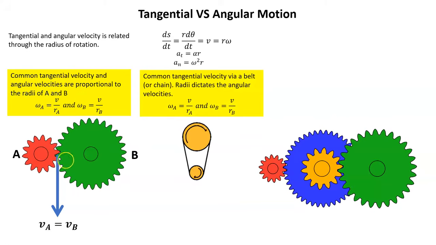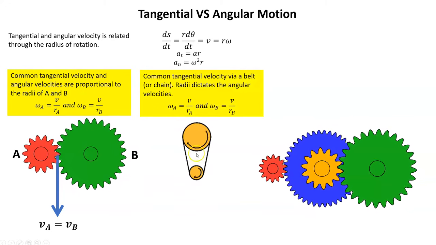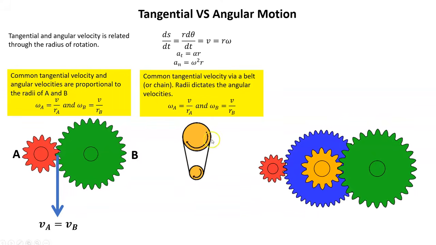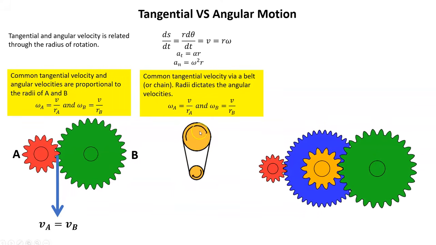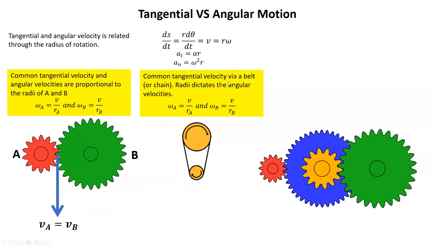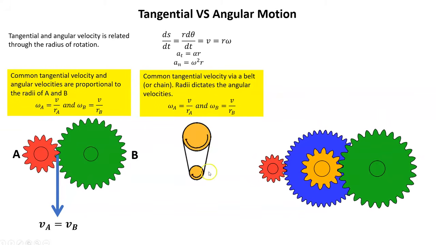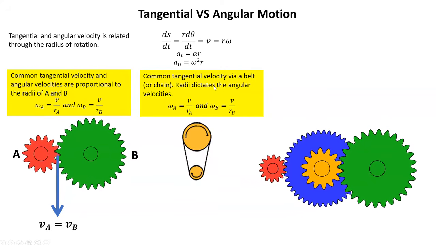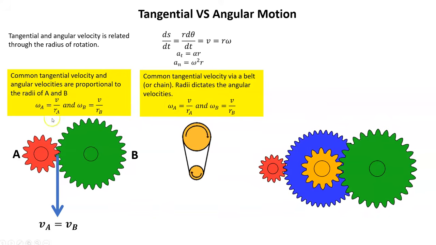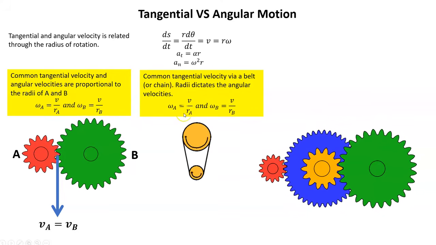Now, this could be two pulleys with a belt, or two sprockets with a chain. What you have here is still the same concept: a common tangential velocity via the belt or the chain, and the radii also dictate the angular velocities, that would be omega, just like in the two examples.